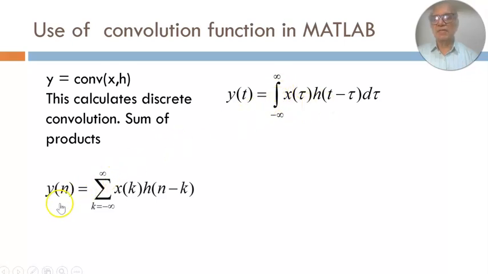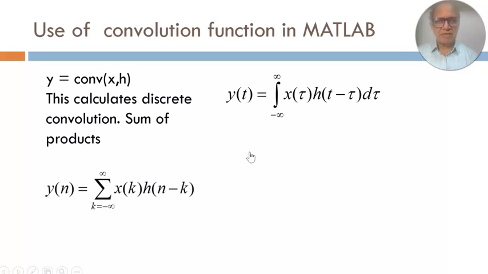Whereas the function in MATLAB returns the sum of the products. It does not directly return the integral. So we have to find a way of calculating the integral numerically when the samples are known.